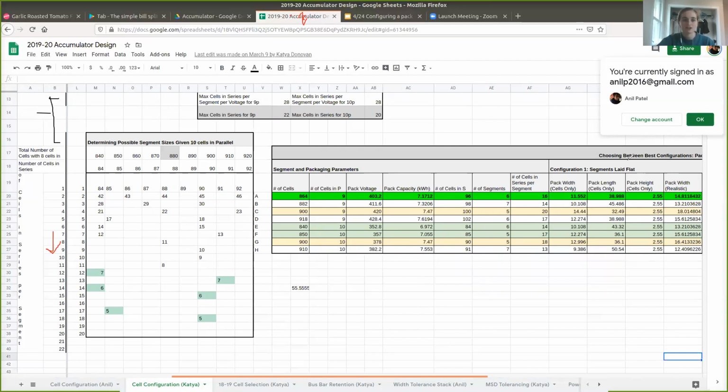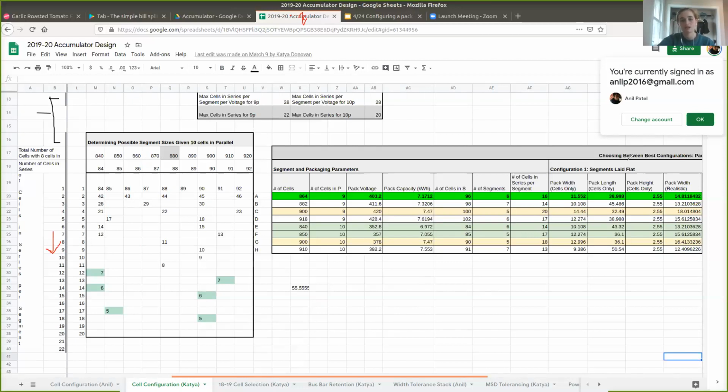And if we go into the segment and packing parameters, this is basically comparing the two segments, like we're comparing the capacity of the pack, the voltage of the pack, and looking also at some estimates of the sizes of the segments to figure out what we want more. The one in light green or neon green is the one we chose.